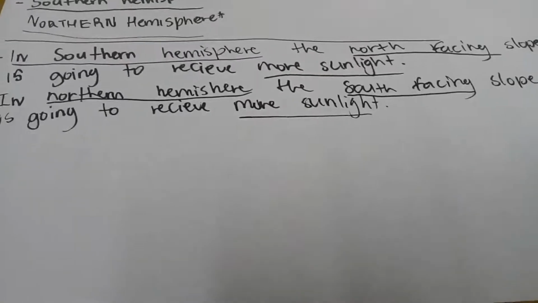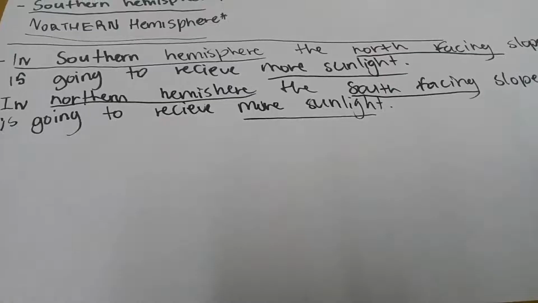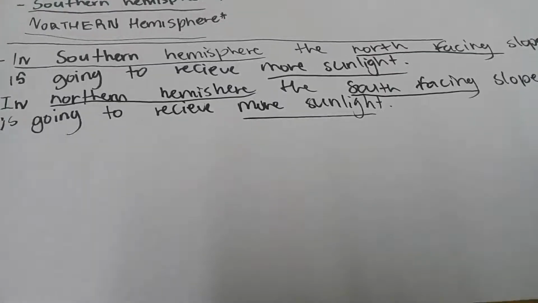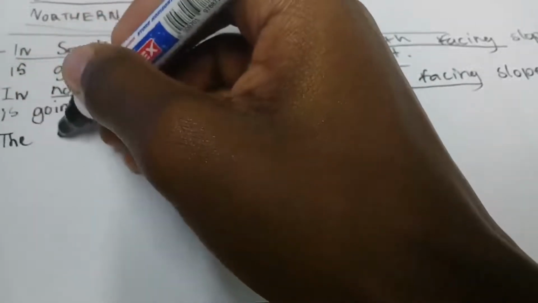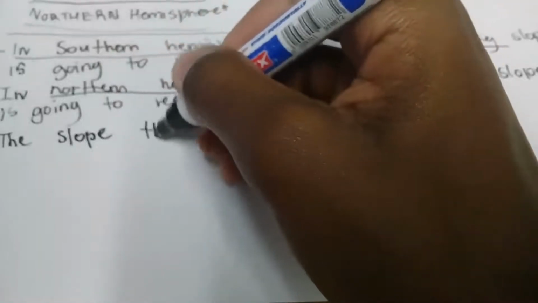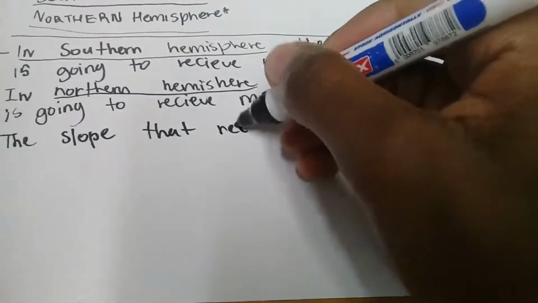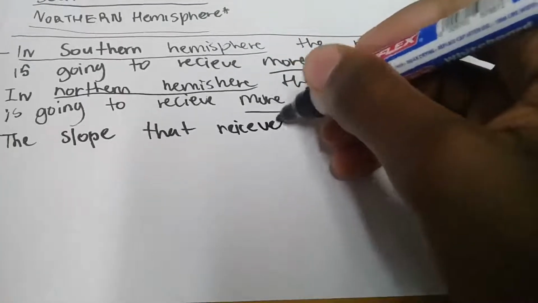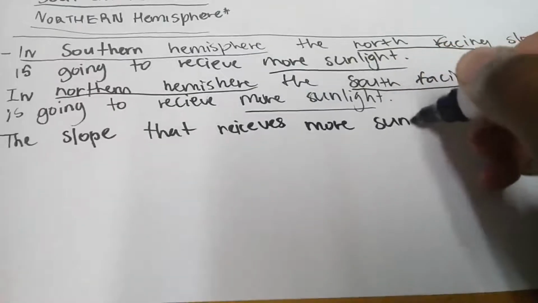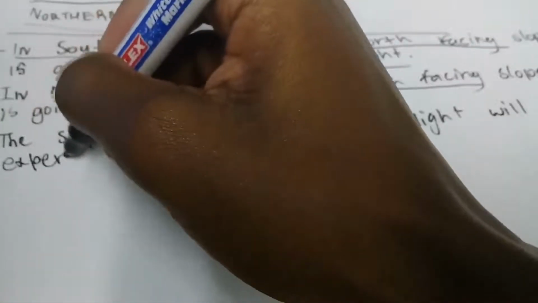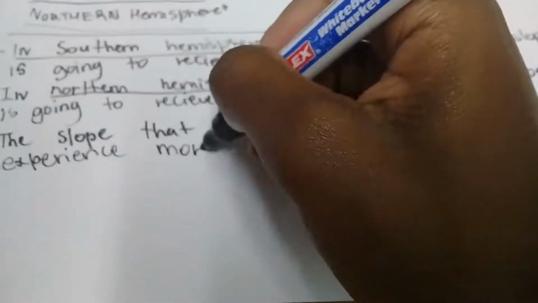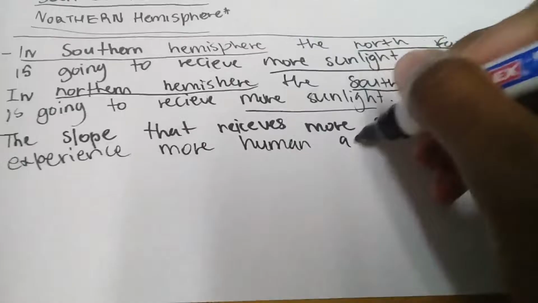So if these kind of places are going to receive more sunlight, this means that the slope that receives more sunlight will experience more human activities.